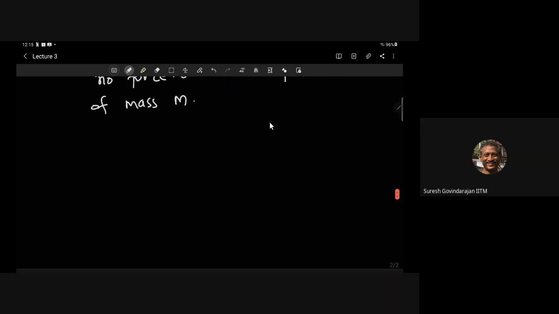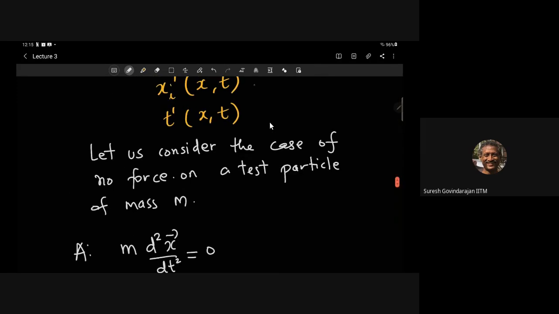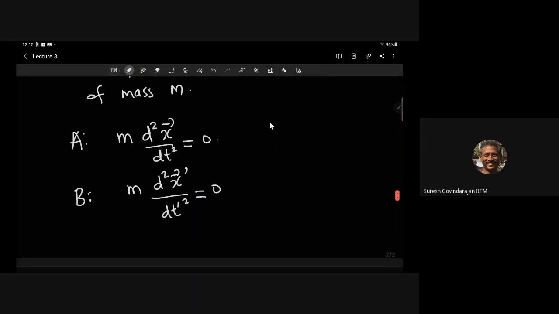So the equation in frame A will be m d square x by dt square equal to 0. And what should be the equation in B? So what we want is to find the most general transformation such that these two get related. So one implies the other. Okay, so this is what we want.